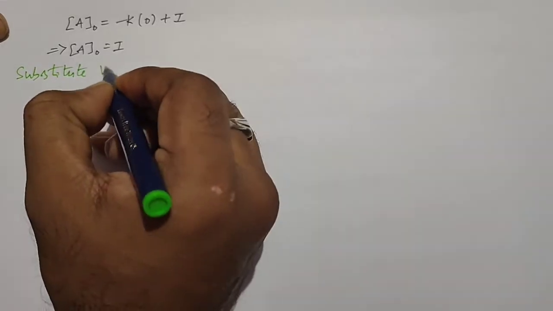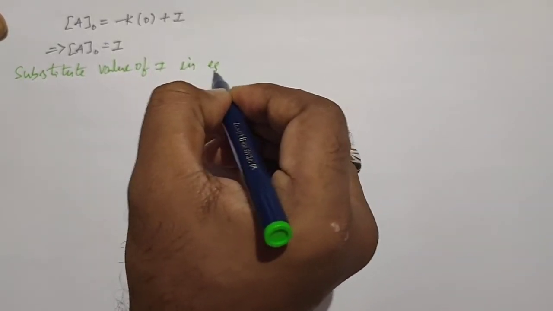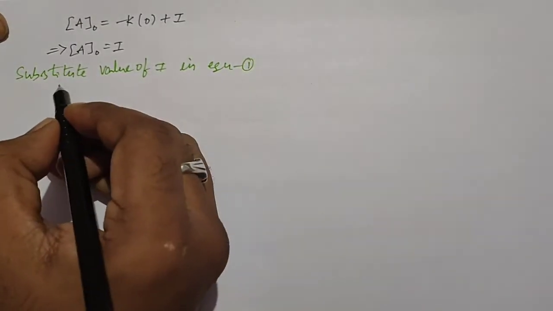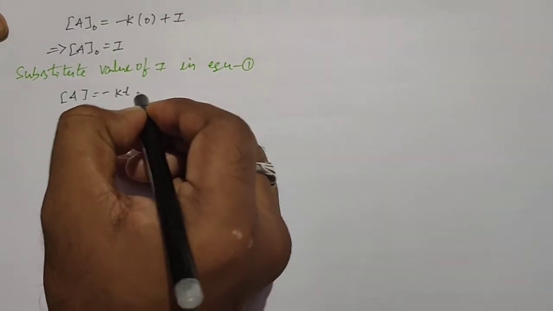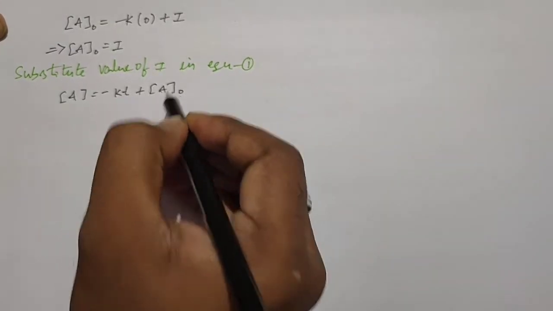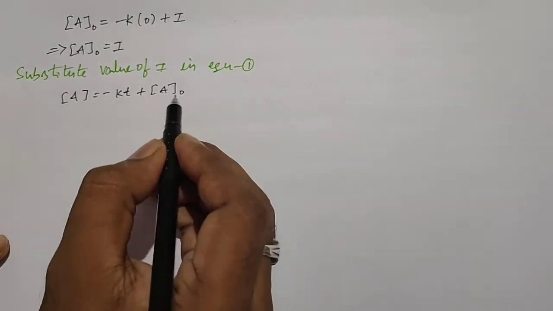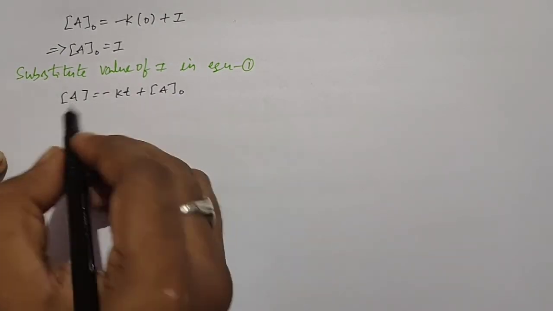Substitute the value of I in equation 1. Then we get A is equal to minus kt plus A naught. Now send the minus kt to this side and the concentration of A to the other side.